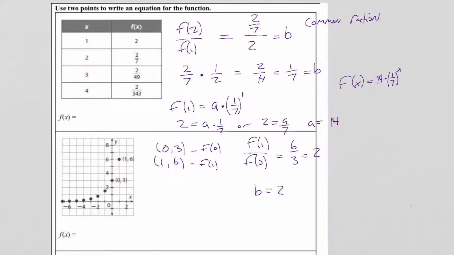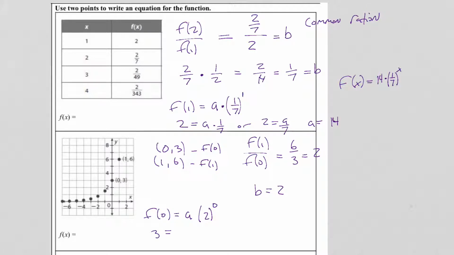And we know that f of 0 is equal to a times 2 to the 0 power. So 2 to the 0 power is 1, and f of 0 is equal to 3.